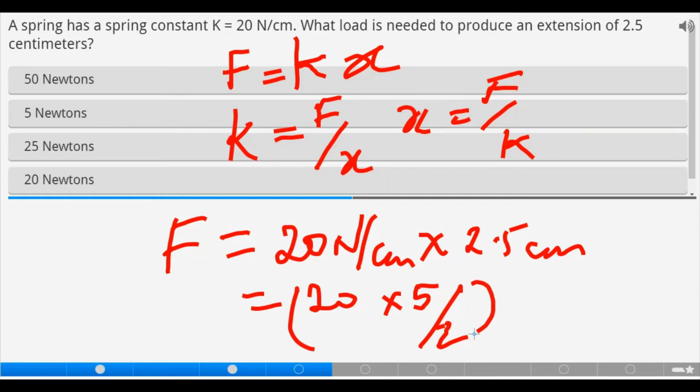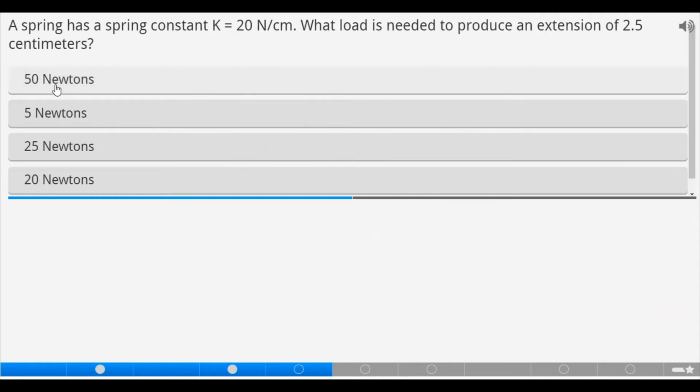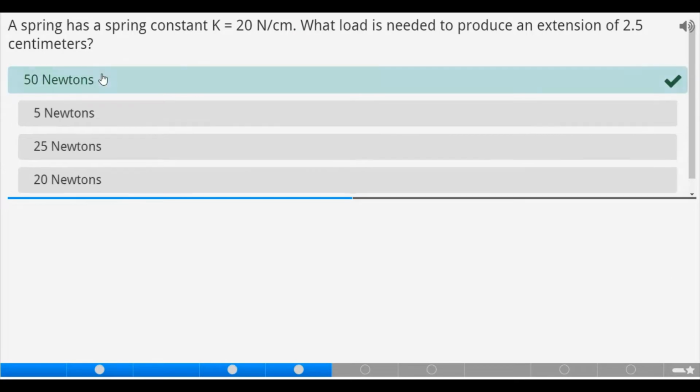Force is measured in newtons. So that's 10 times 5, which gives us 50 newtons. Is 50 newtons part of the options? That's true. So let's pick it and see. That's correct.